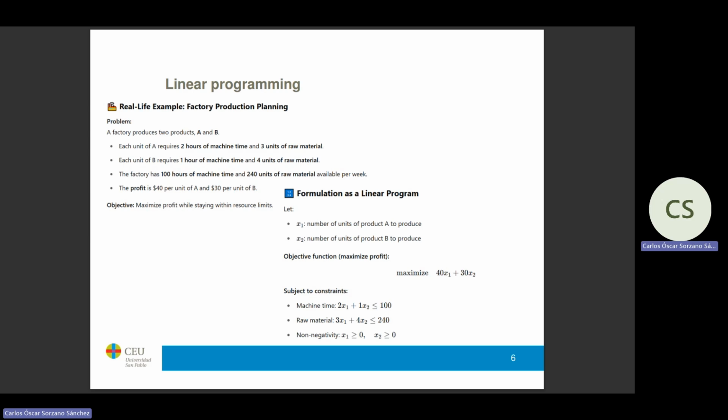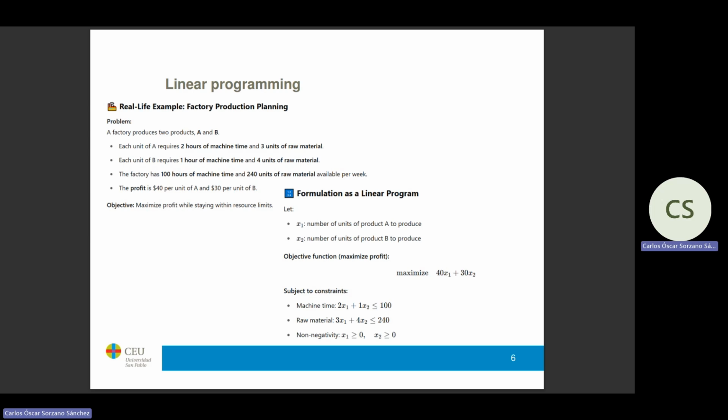It only requires 1 hour and it needs 4 units of raw material. So both A and B can be manufactured from the same raw material. Per week, you have 100 hours of machine time, and you have 240 units of the raw material.